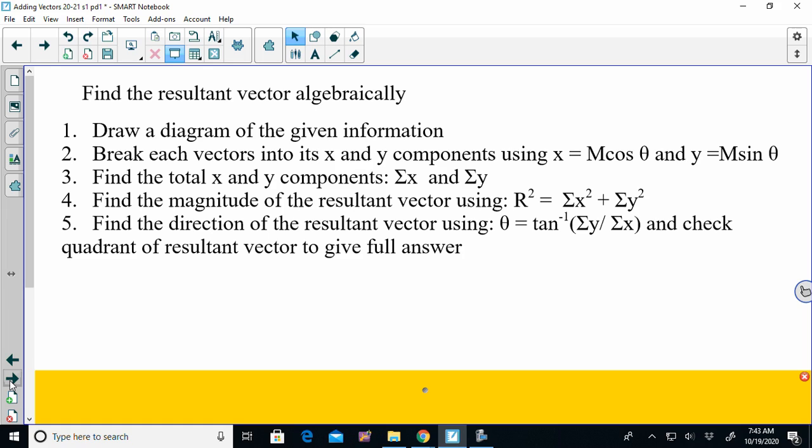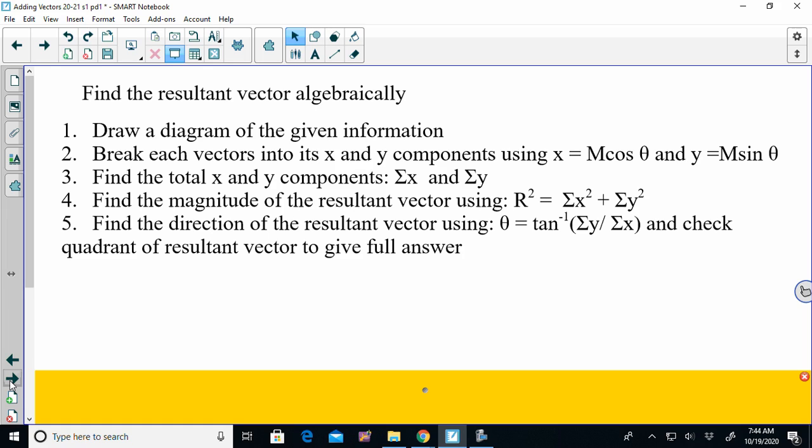Step one: draw a diagram, which we would do anyway. Break each vector into its x and y components. We did component vectors at the beginning of last week, using the x component as magnitude times the cosine, and the y component as magnitude times the sine. So we've already done breaking vectors into their components.